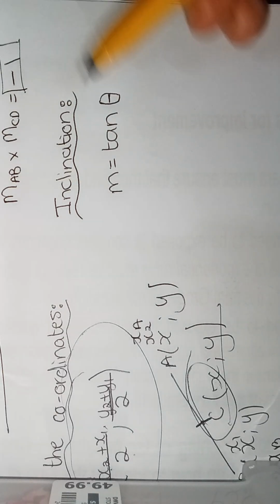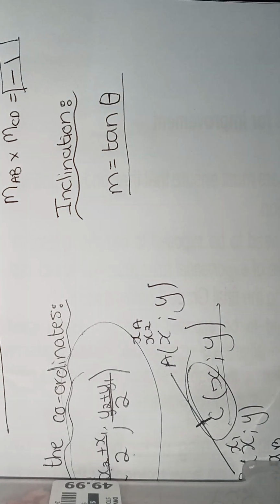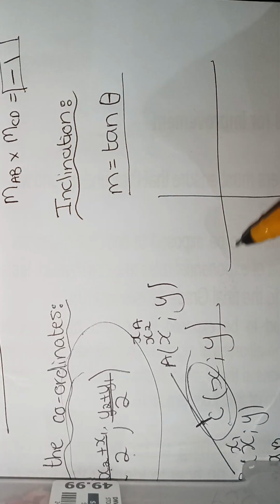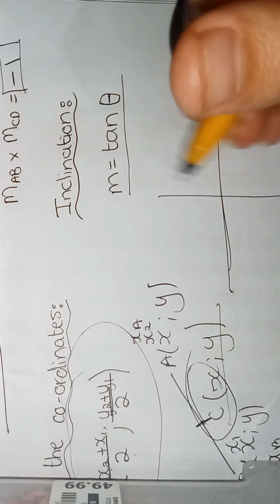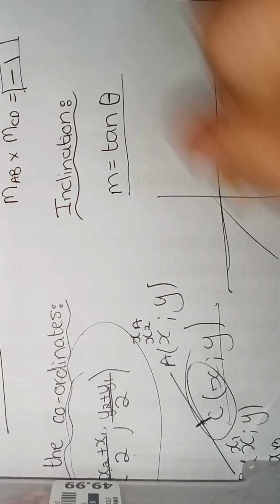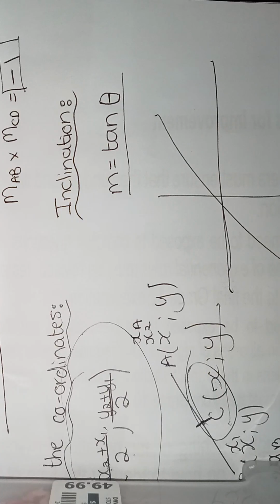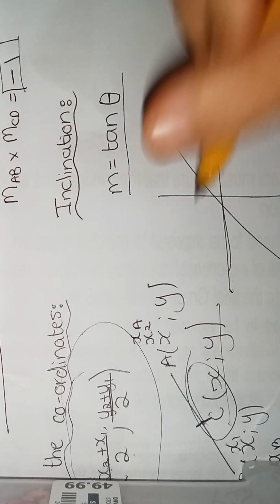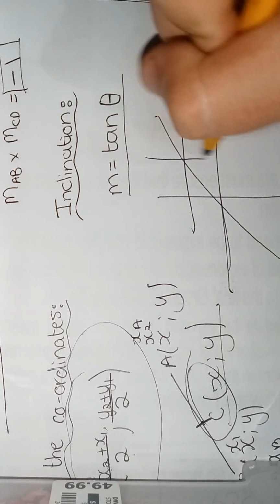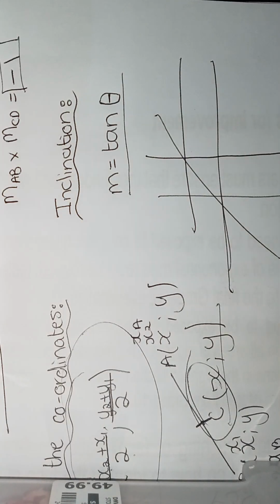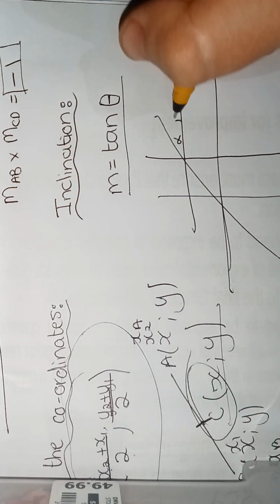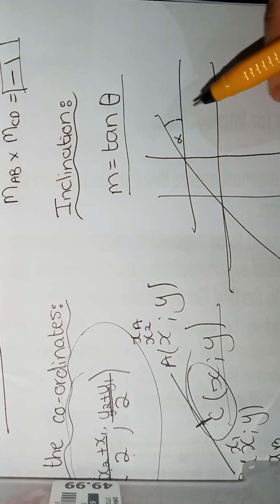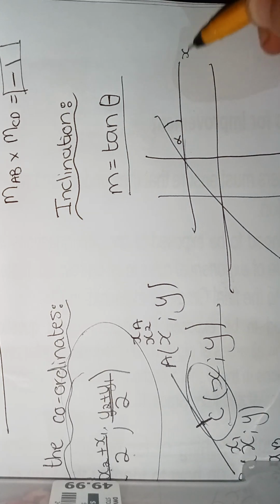And this is a new one, the inclination. Now the inclination is when they give you a line, and they give you another line, and they ask you to find that angle, then you always work from your x-axis.